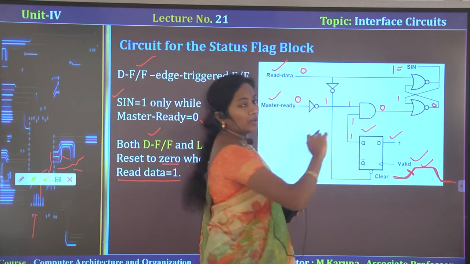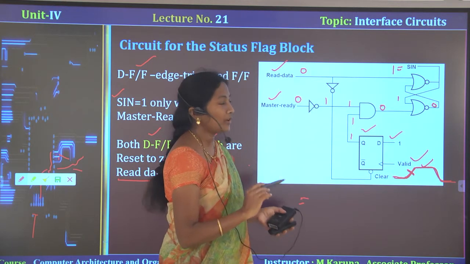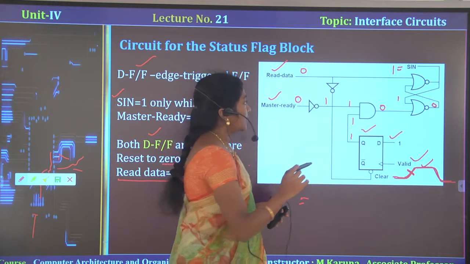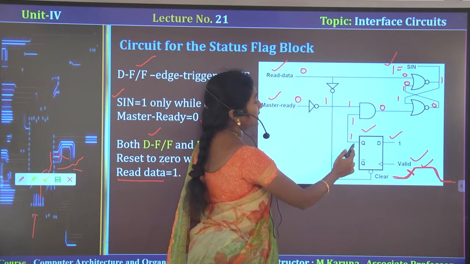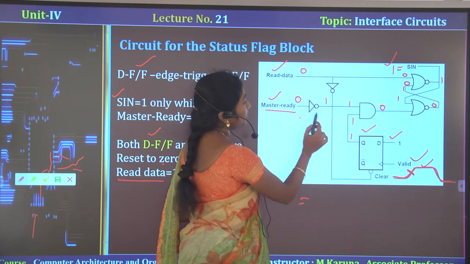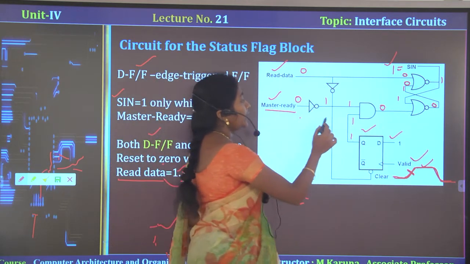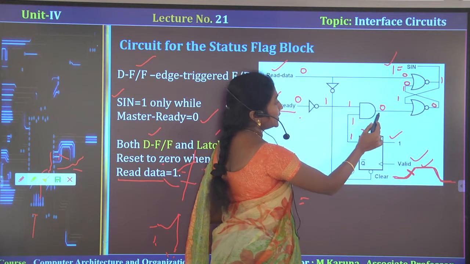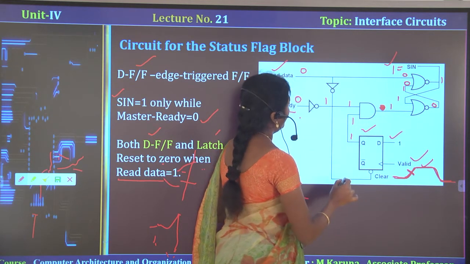Here we use a NOR latch to set the status flag. D flip-flop and NOR latch we use. Whenever the valid bit is equal to 1, the D flip-flop output will be 1. Here master ready signal is 0, then due to this NOT gate, 0 becomes 1. Then the two inputs are 1, so the AND gate output is 1.